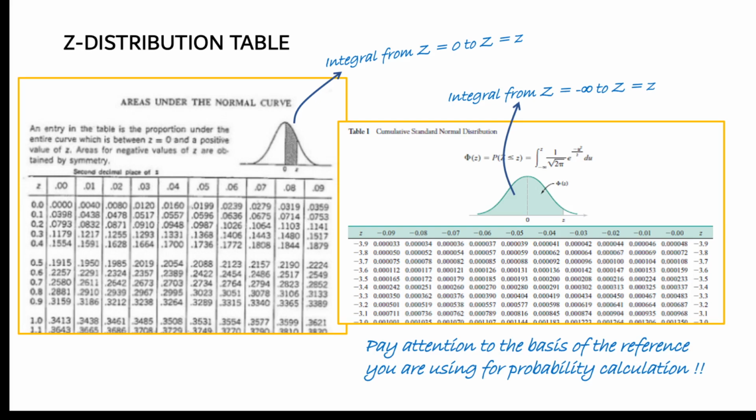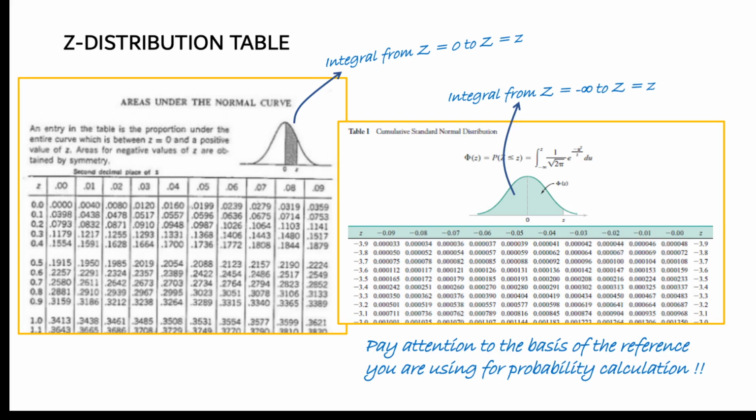When using the z distribution, please pay close attention to the basis of the integral for calculating probabilities, as you can see in the picture above. Does your book integrate from 0 to z, or from minus infinity to z, or else? This is very important to avoid calculation errors.